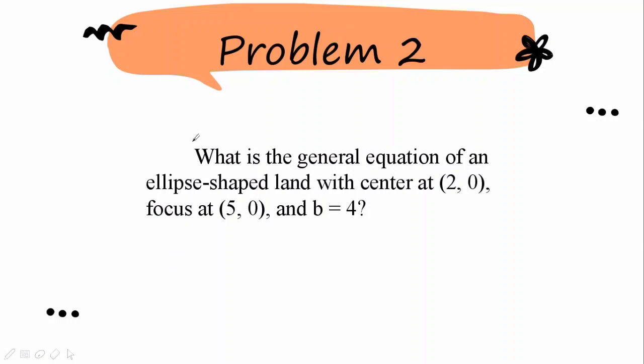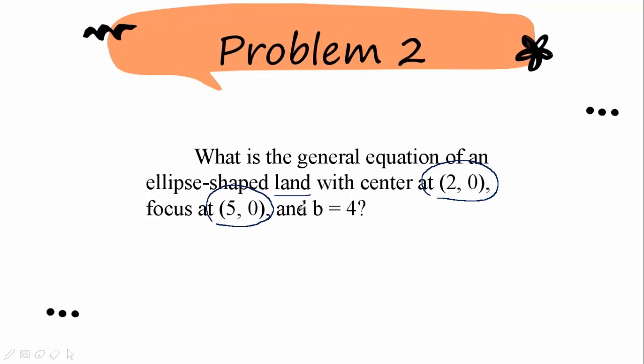Again, just like I've said earlier, in solving a problem, we need to analyze first. So we have an ellipse-shaped land with a center of (2, 0) and focus. As you can see, we have only one focus given.